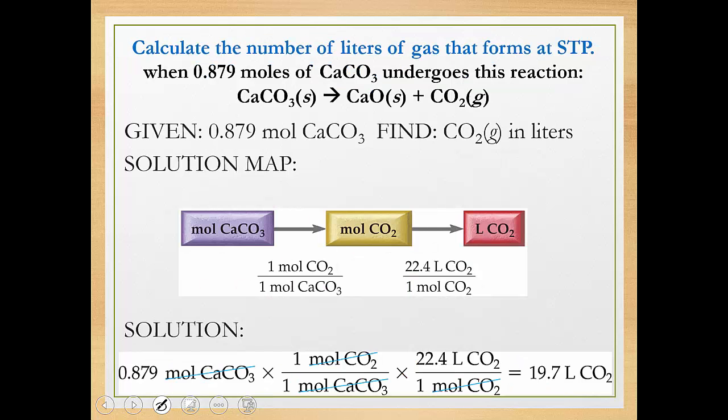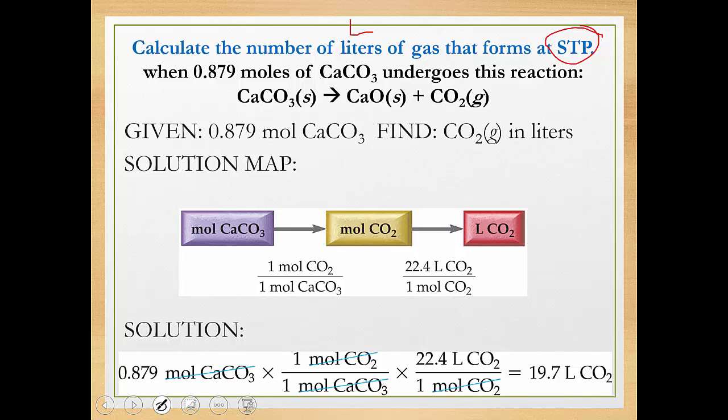So if we tie all of these ideas together, let's look at an example of this. Calculate the number of liters of gas that form at STP. Okay, so I'm looking for liters. Standard temperature and pressure already tells me that I know the temperature, 0 degrees Celsius or 273 Kelvin, and I know the pressure, 1 atmosphere.